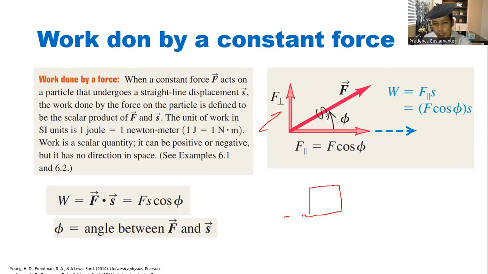So if you have an object, we have here an initial position and here a final position. So first, the object is moving along a straight line.